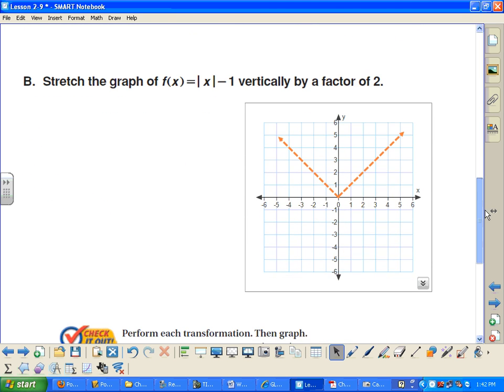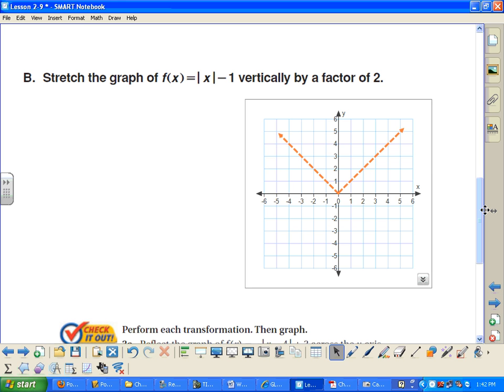All right, letter B says stretch the graph of f of x equals the absolute value of x minus 1 vertically by a factor of 2. So let me move my graph down here to the right vertex. We've got that graph, and we're going to stretch it vertically by a factor of 2. Which transformation is that?